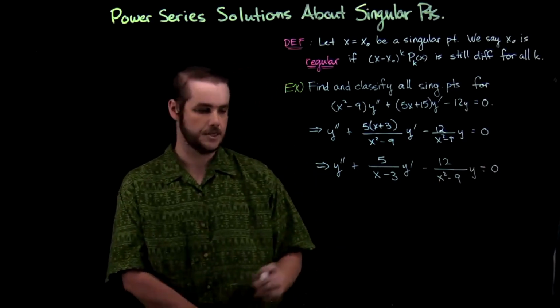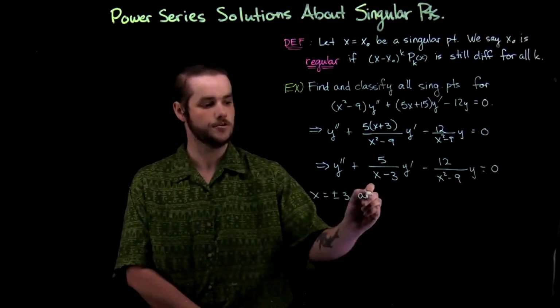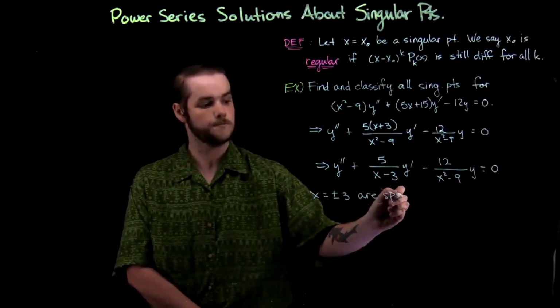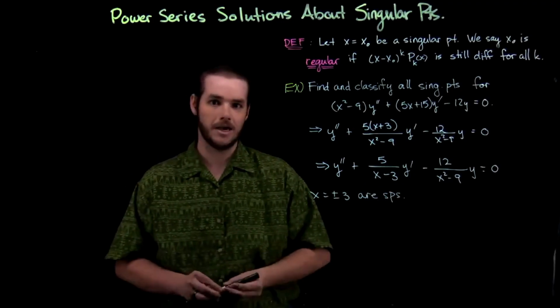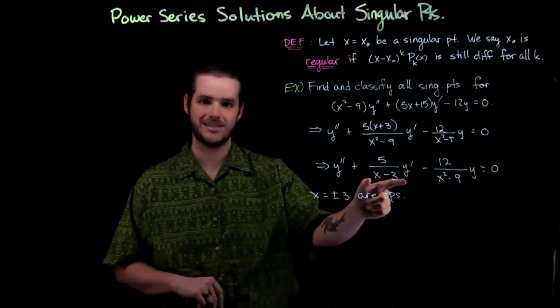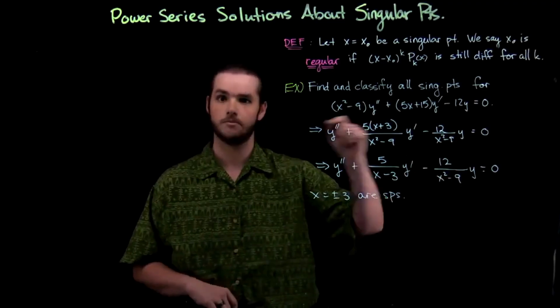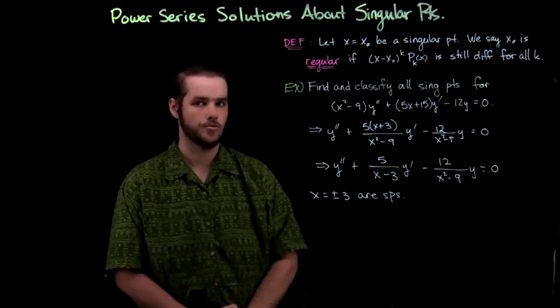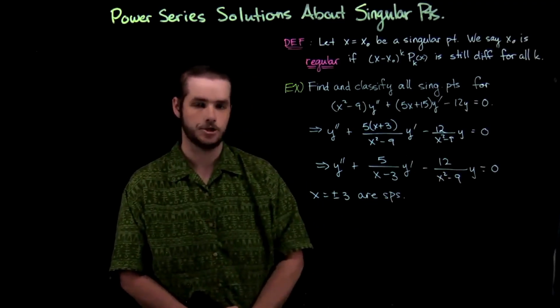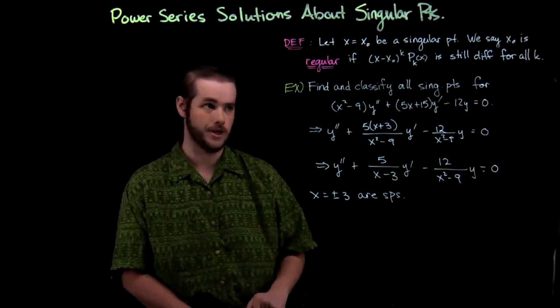And hopefully we can see here that plus or minus 3 are singular points, since my coefficient functions become undefined there. Here, you'll see it's not defined at 3, and this one is not defined at plus or minus 3. So we need to do a little bit more investigation. How would we determine if they are regular or not?